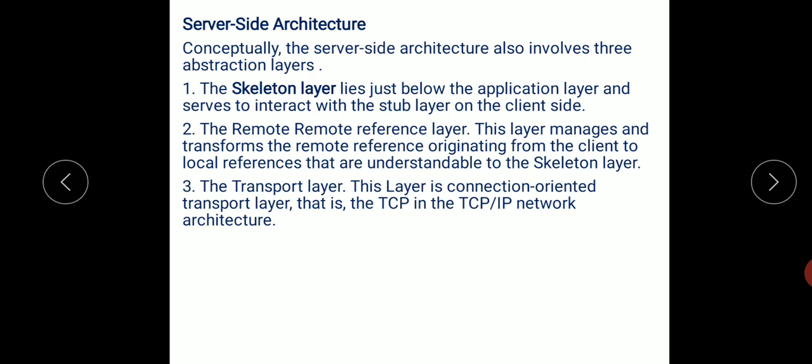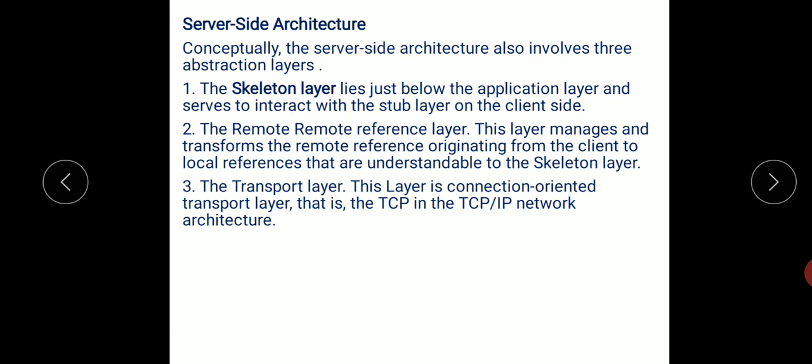The next one is the remote reference layer. This layer manages and transforms the remote reference originating from the client to local references that are understandable to the skeleton layer. So this remote reference layer is at the server side, and a method call is made by a client.